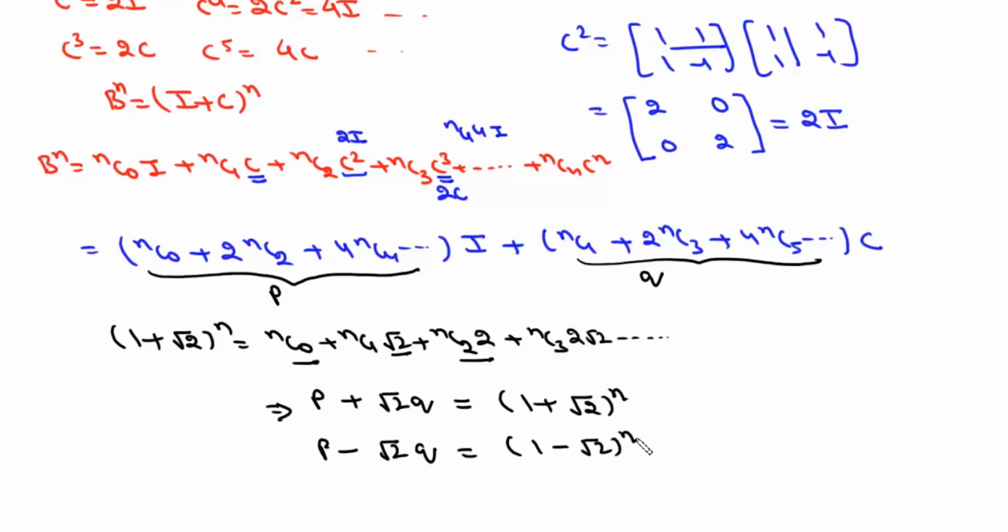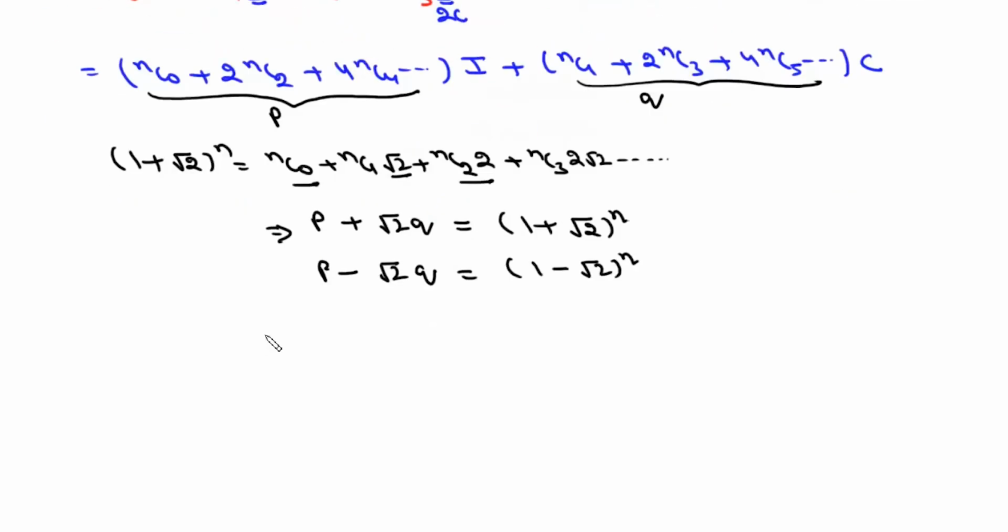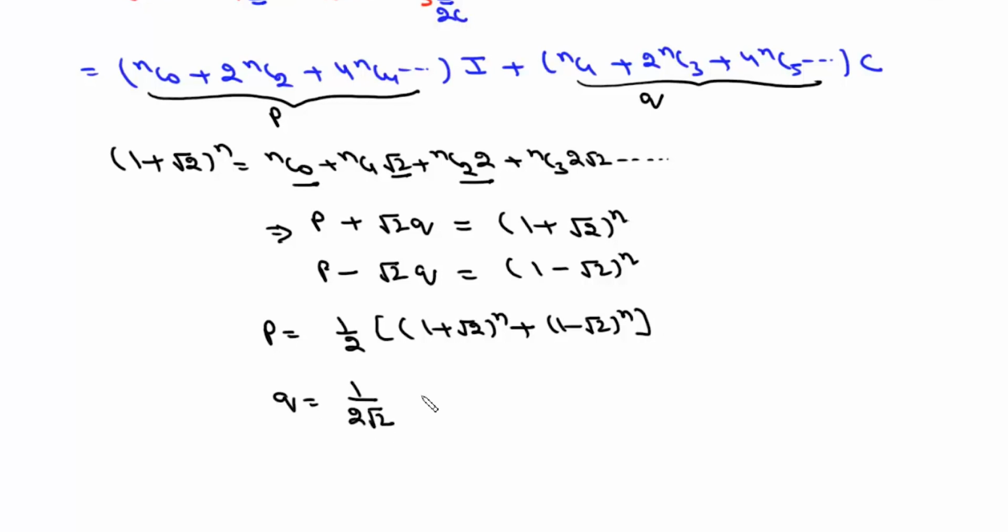Now if we add them, we'll get the value of P. So we'll get this P as 1 by 2 into (1 plus root 2) to the power n plus (1 minus root 2) to the power n, and if we subtract them, we'll get this Q as 1 upon 2 root 2, and then it'll be (1 plus root 2) to the power n minus (1 minus root 2) to the power n.